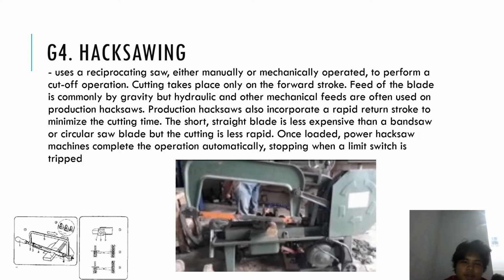Hacksawing uses a reciprocating saw, either manually or mechanically operated, to perform cutoff operations. Cutting takes place only on the forward stroke. If you can imagine, this is the hacksaw, and this is the part of the edges, the sharpest one.